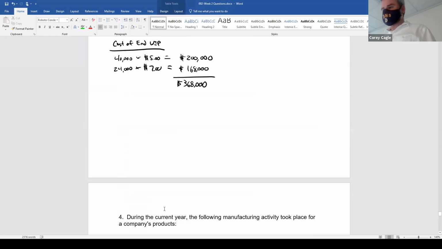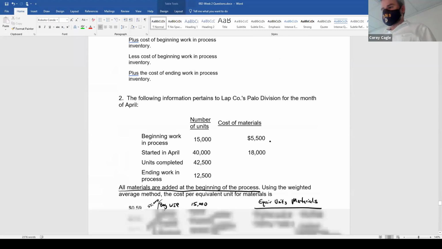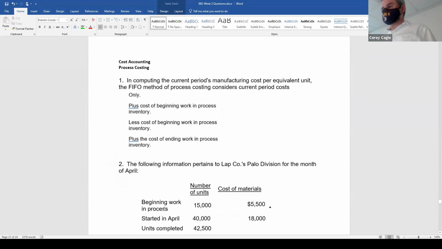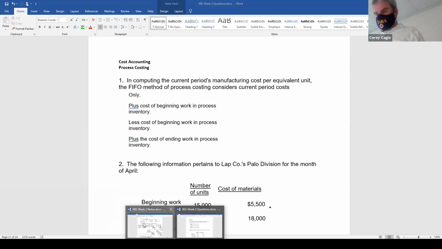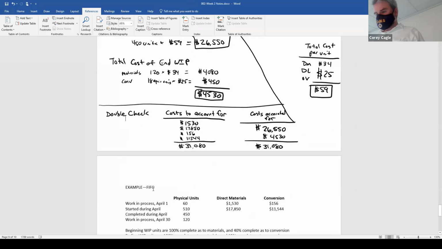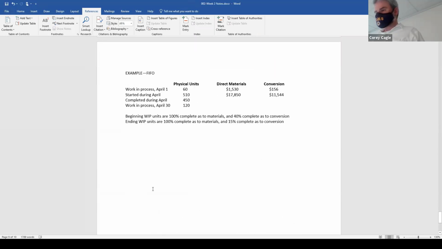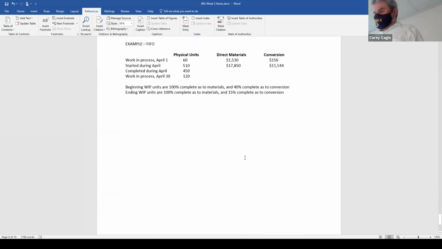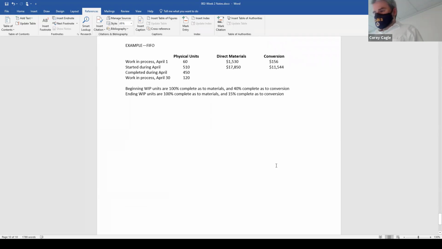That's FIFO. Okay. All right, the rest of these questions are FIFO. All right. FIFO. I kind of hesitate to do this right on top of weighted average because I don't want them to get muddled up with each other, but I think it's as good a time as any. Same concept with FIFO, doing the same thing.